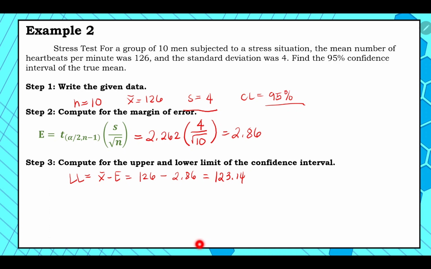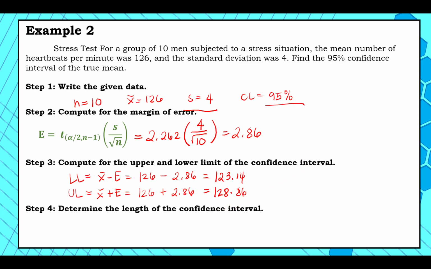That's our minimum value for the mean. So the upper limit, which sets our maximum heartbeats per minute, is by adding the mean and the margin of error. And that is equal to 128.86 heartbeats per minute.